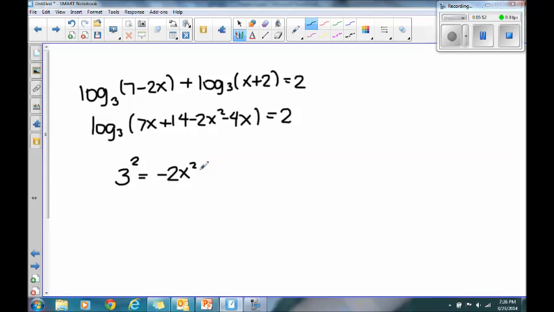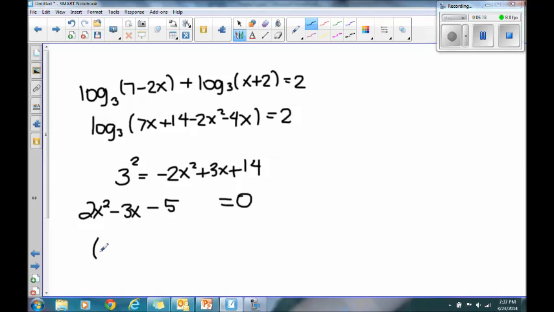Negative 2x squared plus 3x plus 14. Now if I'm going to factor this thing, I need to get a 0 on one side. I like my x squared terms to be positive, so I'll add the 2x squared over. I'm going to subtract the 3x, and I'm going to subtract 14. So 9 minus 14 is negative 5.